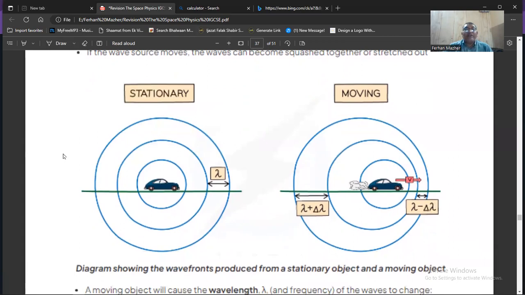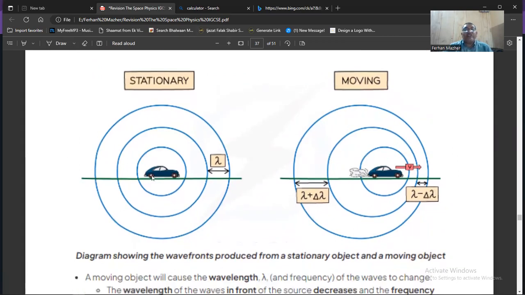So, for example, in this diagram, you can see this source which is producing the waves. It is stationary, so in all directions, the wavelength remains the same. But if the object is moving in this direction, the waves which are reaching here, their wavelength will be smaller, but the waves which are reaching behind this moving object, here the wavelength will be larger.